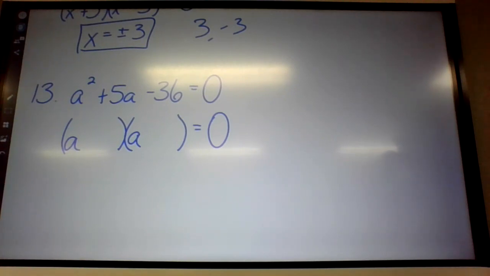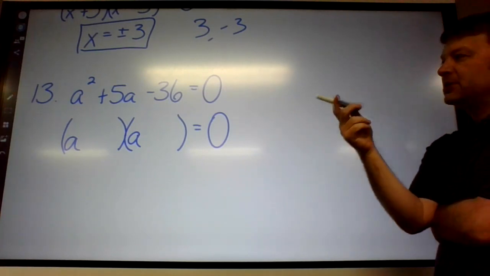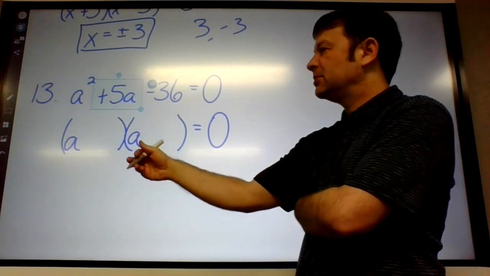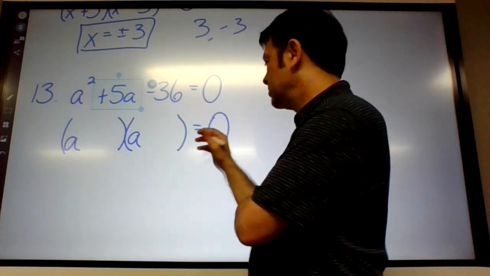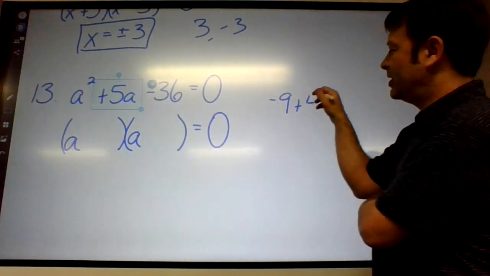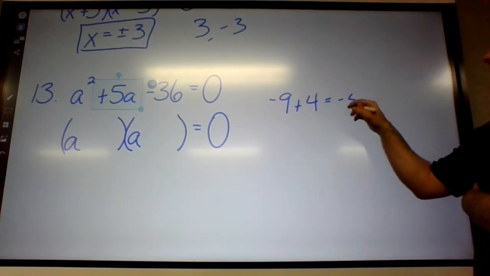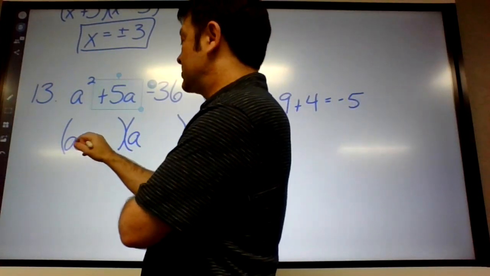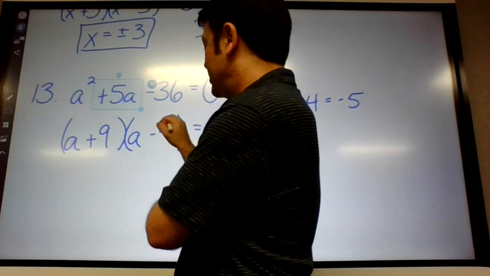It's a 9 and 4. And how do we use 9 and 4 to add up to a 5? Negative 9 plus 4 would be negative 5. So it's positive 9 and minus 4.